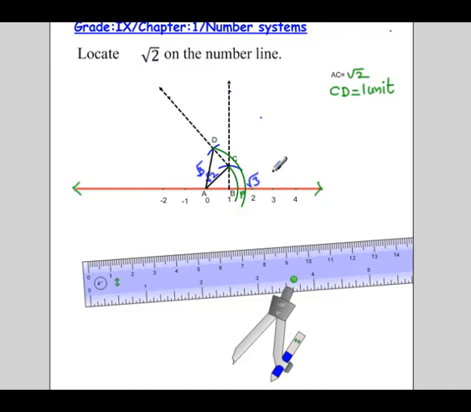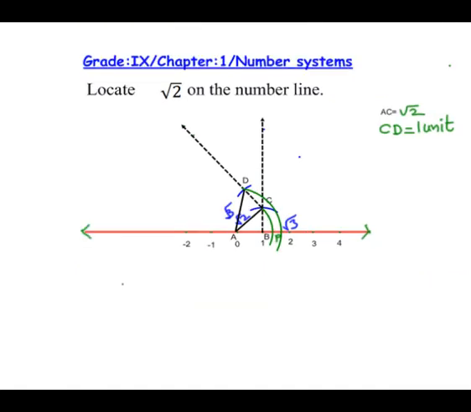Now let's verify whether our construction is correct or wrong. We have constructed right angle triangle ABC, right? In triangle ABC, we have taken AB equals 1 unit and BC equals 1 unit. Now if it is a right angle triangle, we can apply the Pythagoras theorem.